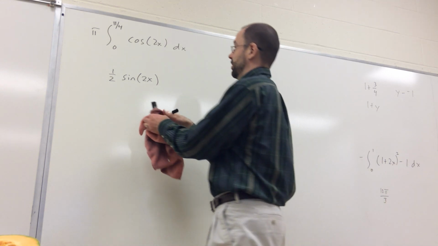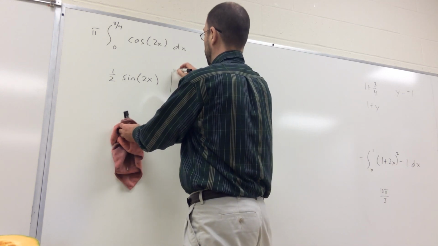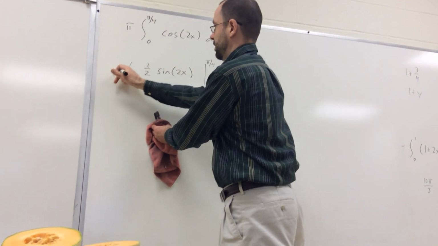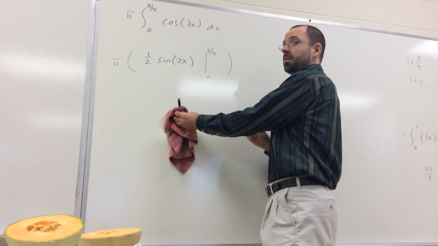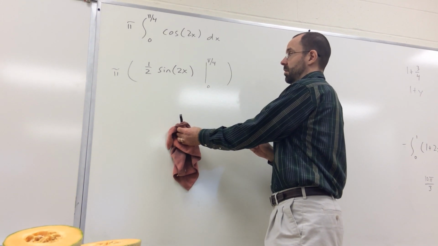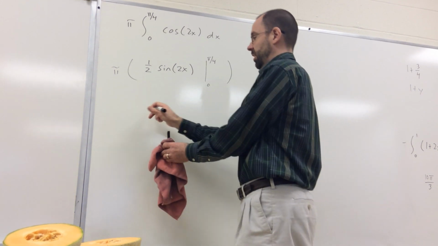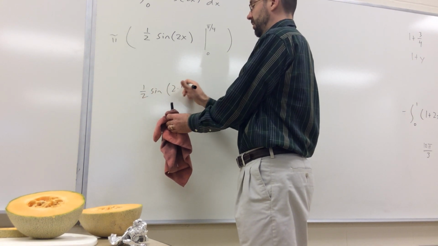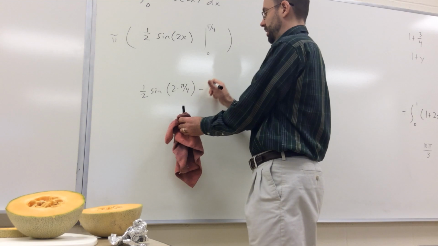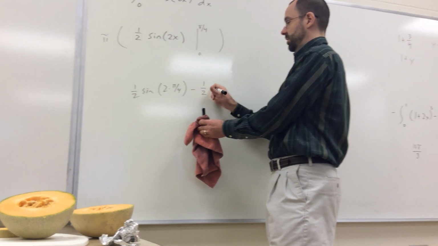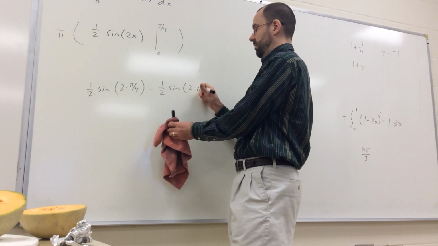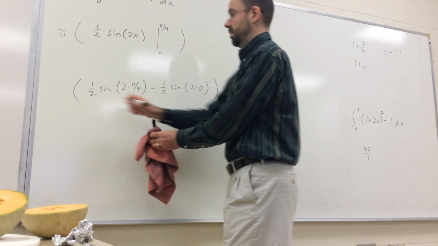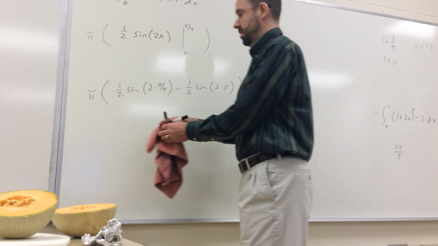So then that's from 0 to pi over 4. And it's going to end up being multiplied by pi. So then we have 1/2 times the sine of 2 times pi over 4 minus 1/2 times the sine of 2 times 0. All that's going to be multiplied by pi.